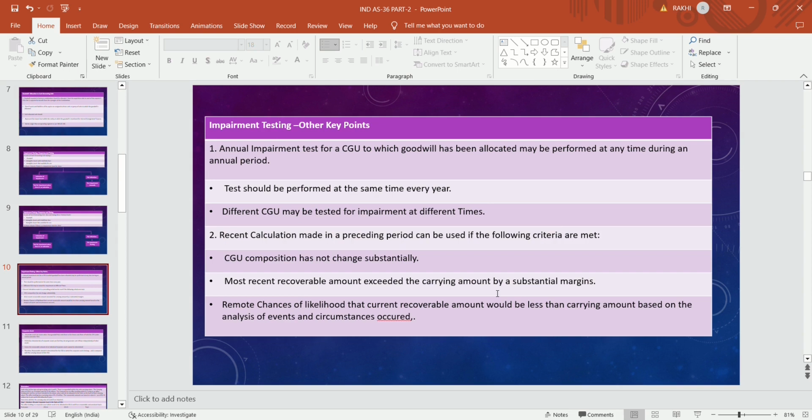Like, if in Q1 we had tested for goodwill, then in the same quarter next year we have to test that CGU. So testing should be performed at the same time every year. In the first year, whatever period the impairment testing is done, in the same period the next year it is to be done, and different CGUs may be tested for impairment at different times.